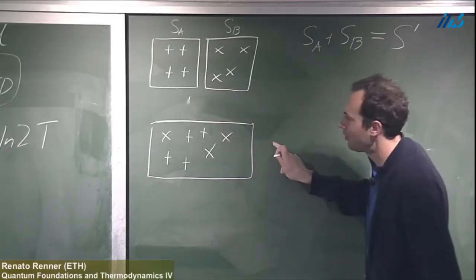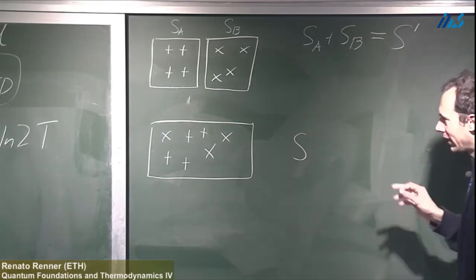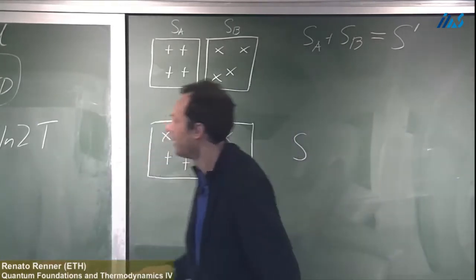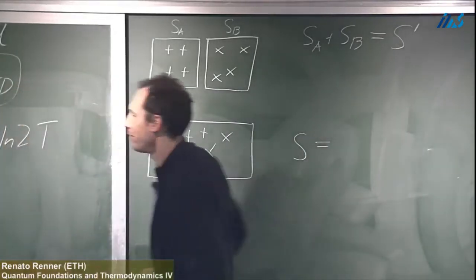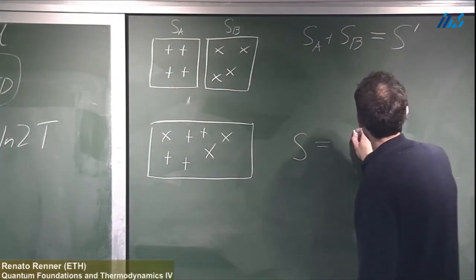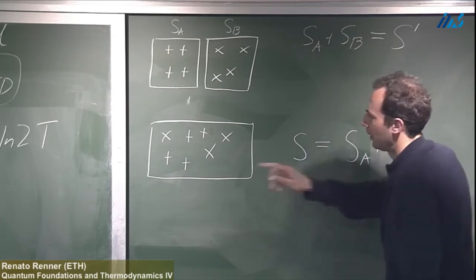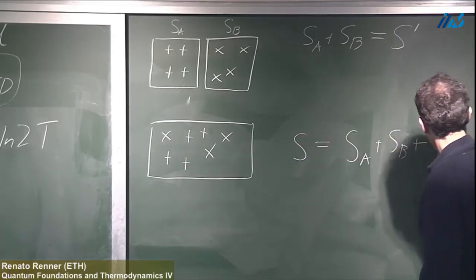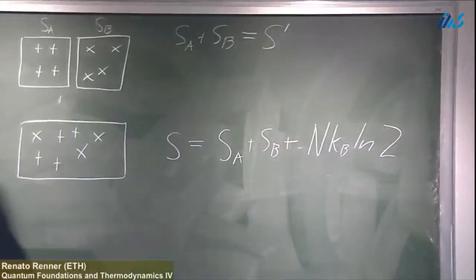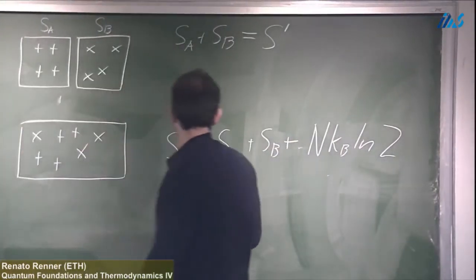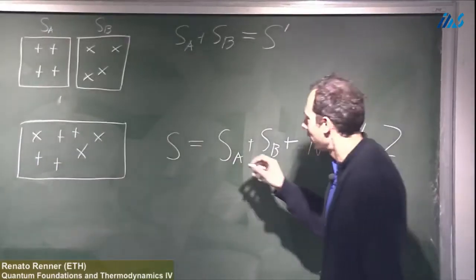And here, the entropy of this system is what we called S. And what we calculated just here is that S is equal to S prime, but S prime is SA plus SB plus N times kB ln 2. So I now used just this formula to write S, the entropy of this system, in terms of the original entropy. So what does the formula tell me?